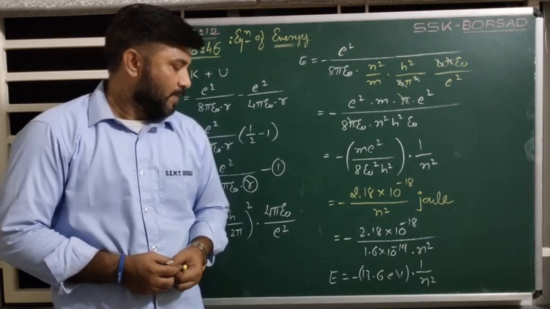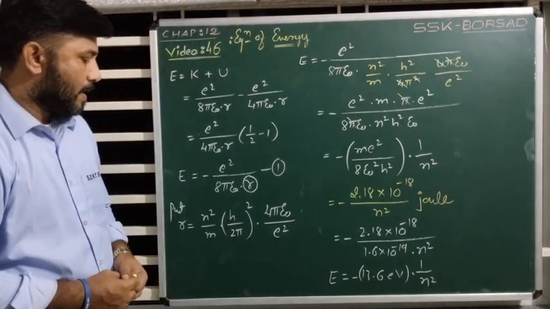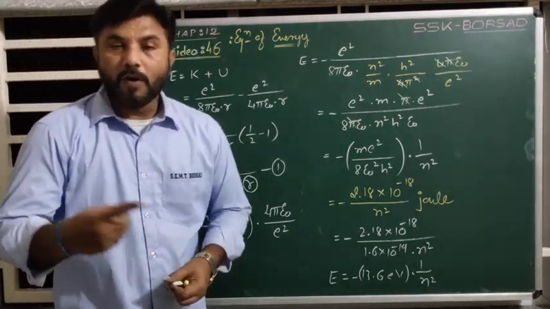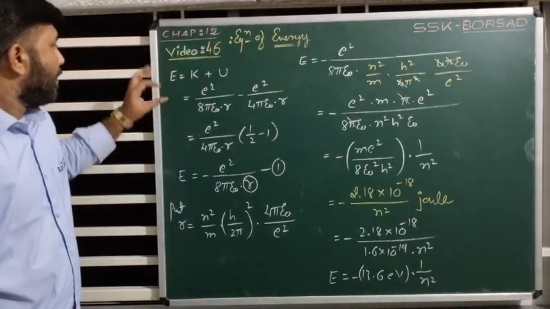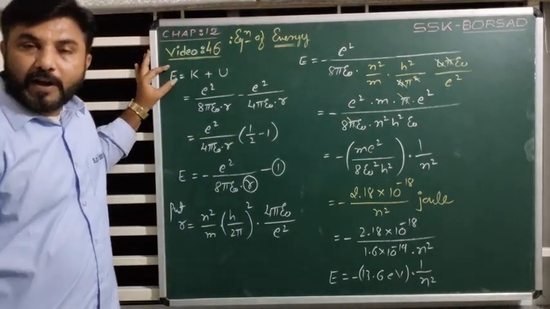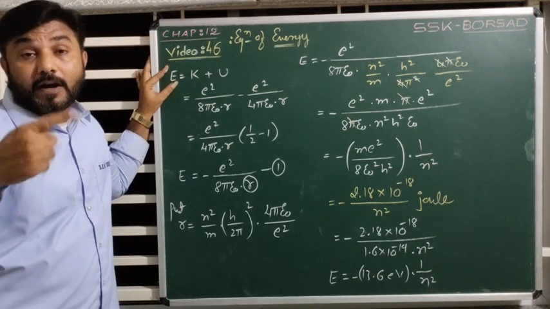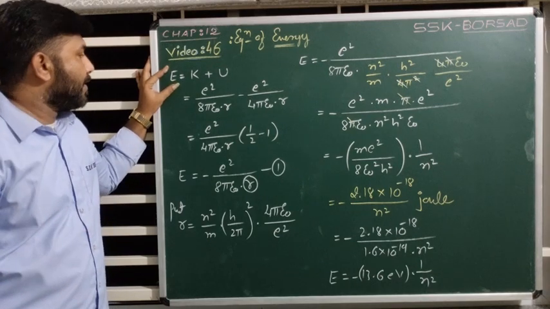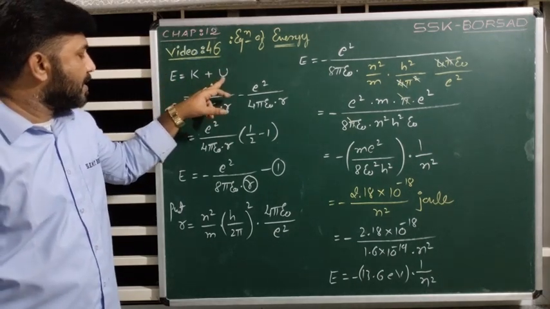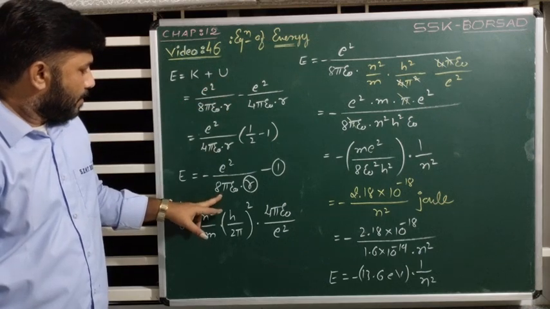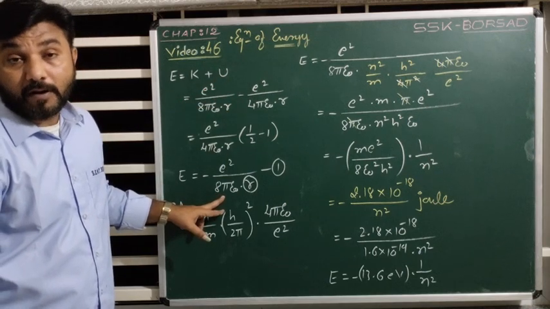Simple. Any doubt? Once again, the total energy of an electron revolving around the nucleus is kinetic energy plus potential energy, equation number 1.